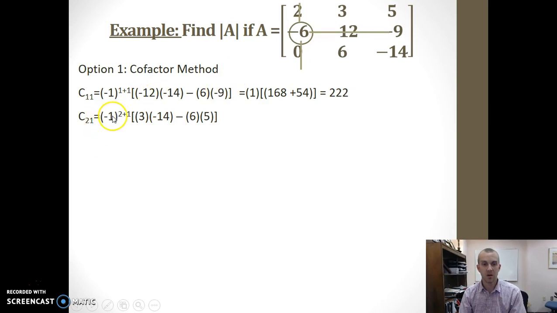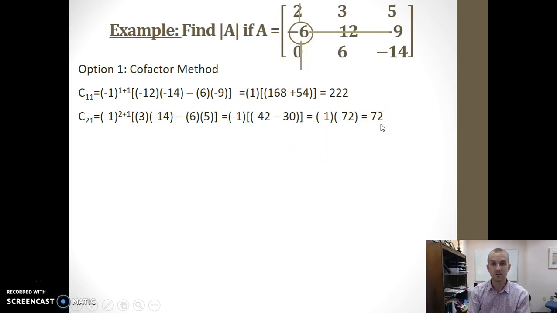So when I think about -1, that's the second row plus the first column, so that's 2 plus 1. I've got to pay attention to that. And then I'm finding the determinant of this 2 by 2, 3, 6, 5, -14. Not hard. Just got to remember that -1 raised to the third power means that that's -1. Remember, plus, minus, plus. Simplify and I get down to 72.